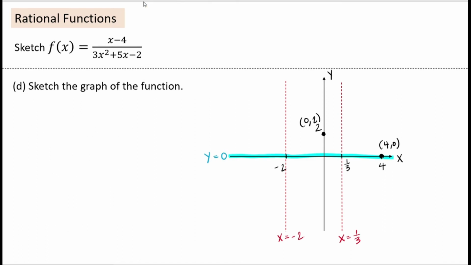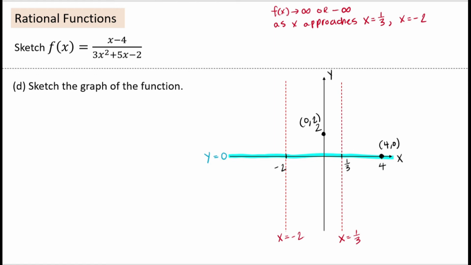Let's graph the function on the interval from negative 2 to 1 over 3. The graph of the function has to go through the y-intercept. As x approaches 1 over 3 or negative 2, the graph of the function goes to infinity or negative infinity.